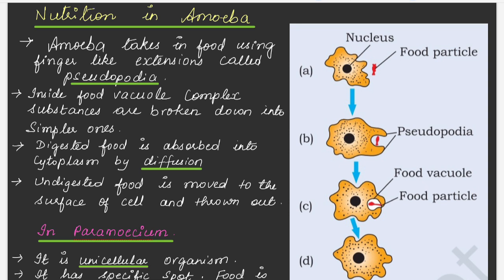So there are 5 steps which are involved in nutrition of amoeba. So which are the 5 steps involved? The first step is called ingestion. Second step is called digestion.